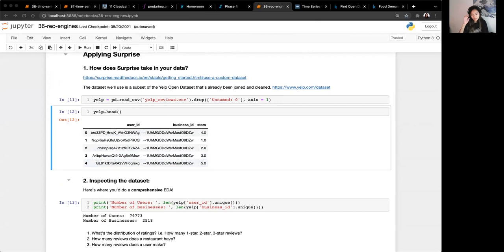Your data should come in the form of 3 columns: unique users, unique businesses, and your associated rating. The provided data set already comes like this. I think it has one additional column of timestamp, which you can drop. So this is the kind of data that you should be looking for in phase 4's recommendation system project, because that is the main algorithm that we want you to learn and get familiar with.